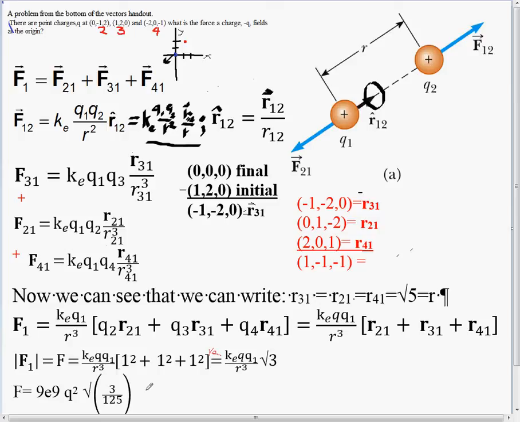And then we have that our last term has the square root of 3 in the numerator and square root of 5, that's cubed, so it's 125 in the denominator. So we could plug in for our values of Q and see if we get the right force in the homework problem, which is probably true. I haven't done it yet, though.